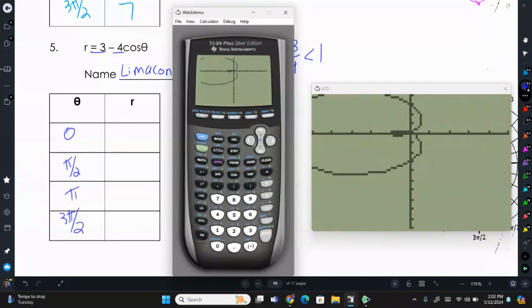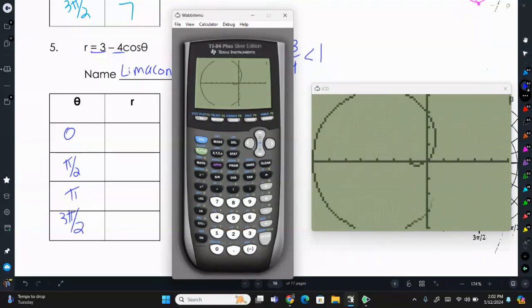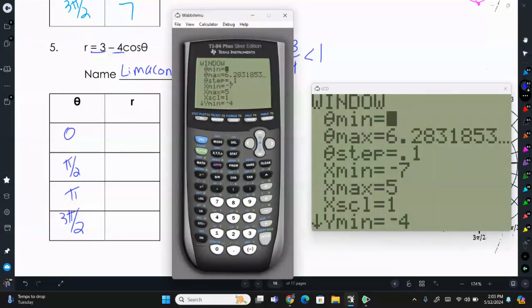And yeah, it looks like we're going to have to change our window a bit to get this area over here. So I'm going to change our x minimum maybe to -7, and then y minimum, we don't need to go that far anymore, so -4. Okay. All right, so we do need to go back and change the y because we can't see what that point is.